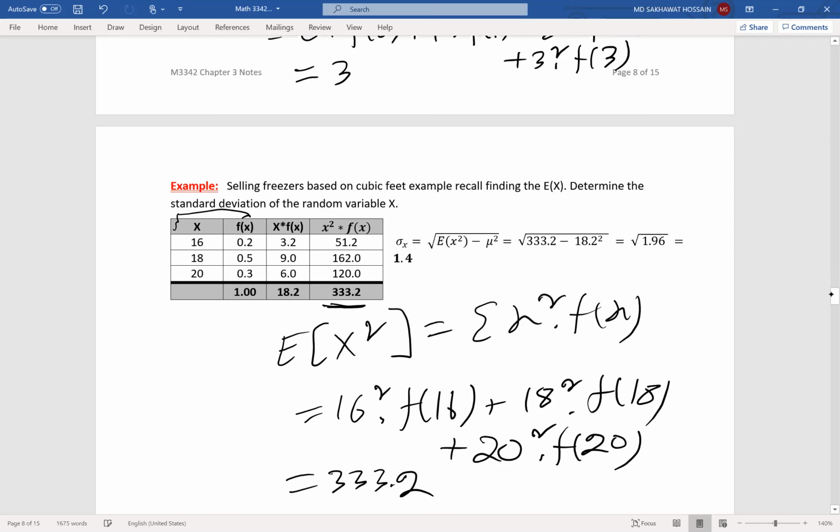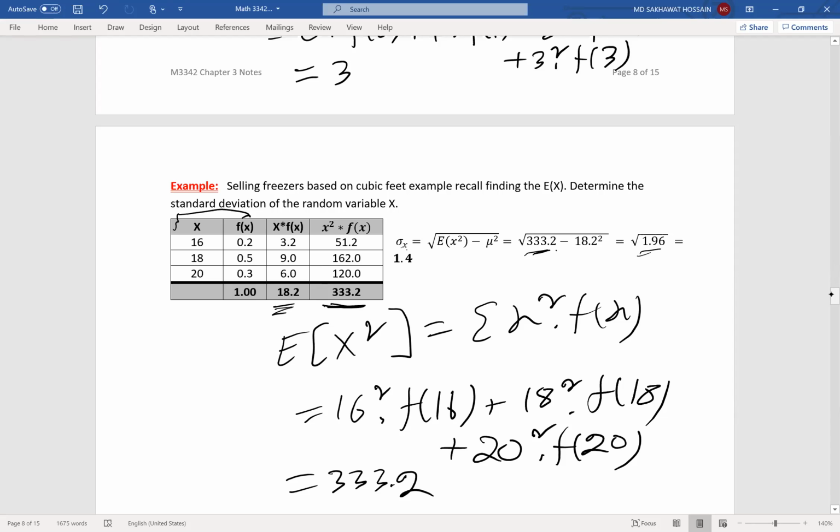And we already know the expected value of x. So the variance will be expected value of x squared, which is 333.2, minus expected value of x squared. That means 18.2 squared. If you simplify this one, then it will be 1.96. And the standard deviation will be a square root of 1.96, which is 1.4.